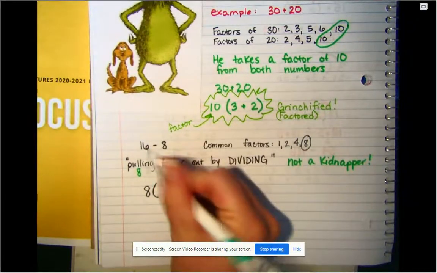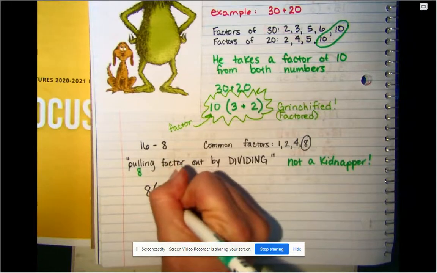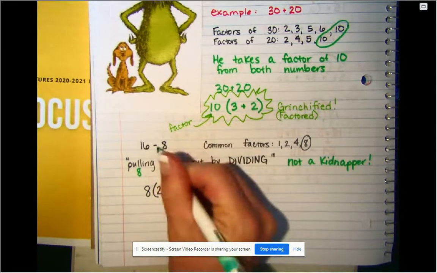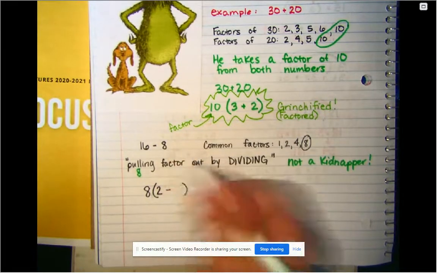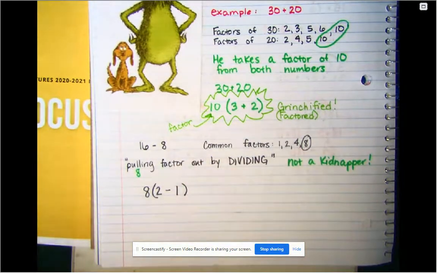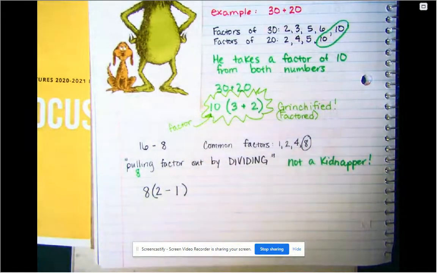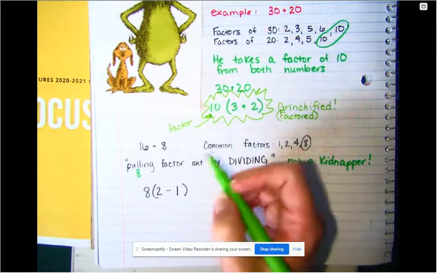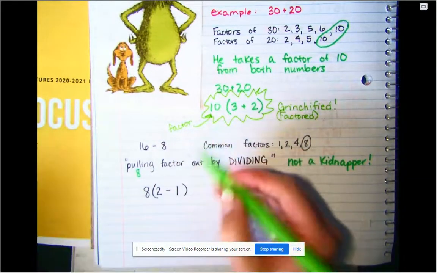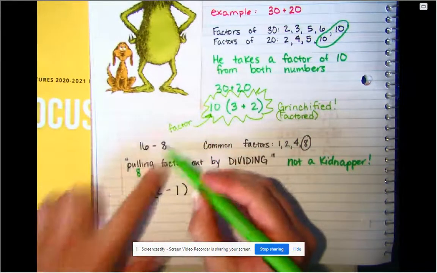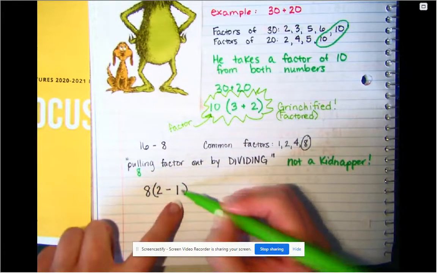I do 16 divided by 8 and get 2 minus, because it was minus up here, 8 divided by 8 is 1. Okay? So you will never, ever just get rid of a term by factoring. Even if you're pulling out that factor, you're going to be left with 1.